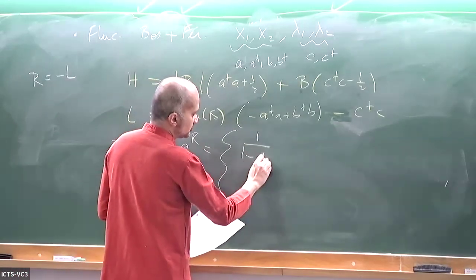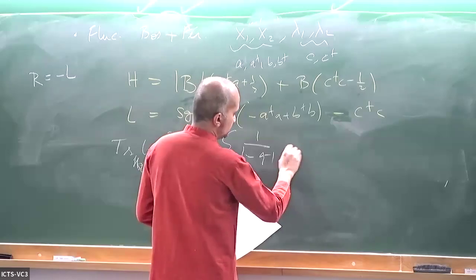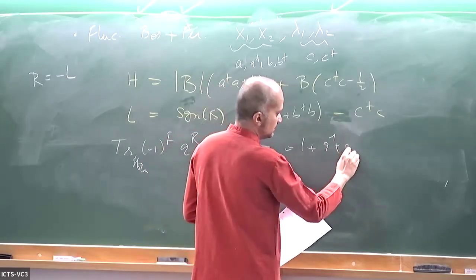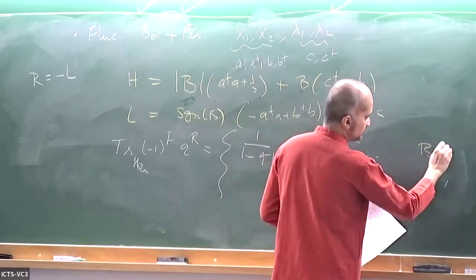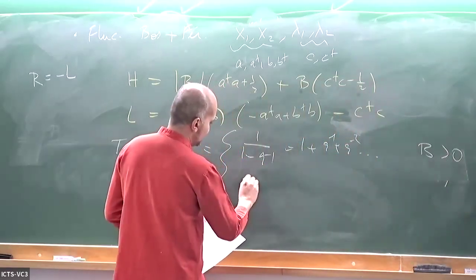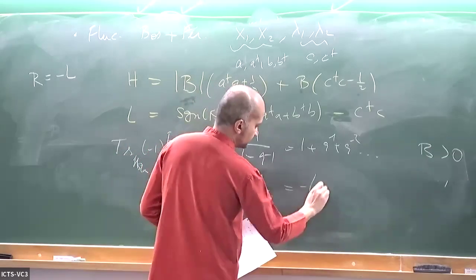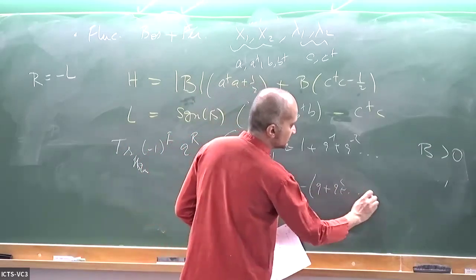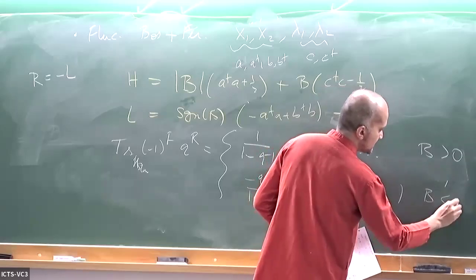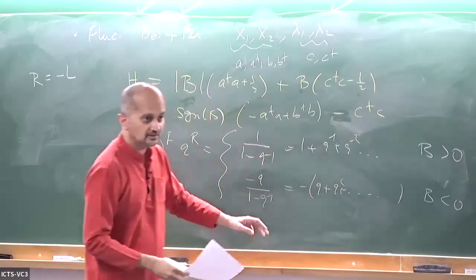It's 1 over 1 minus Q inverse. There's 1 plus Q inverse if B is positive, and it's minus Q over 1 minus Q inverse. So that's minus Q plus Q squared if B is negative.